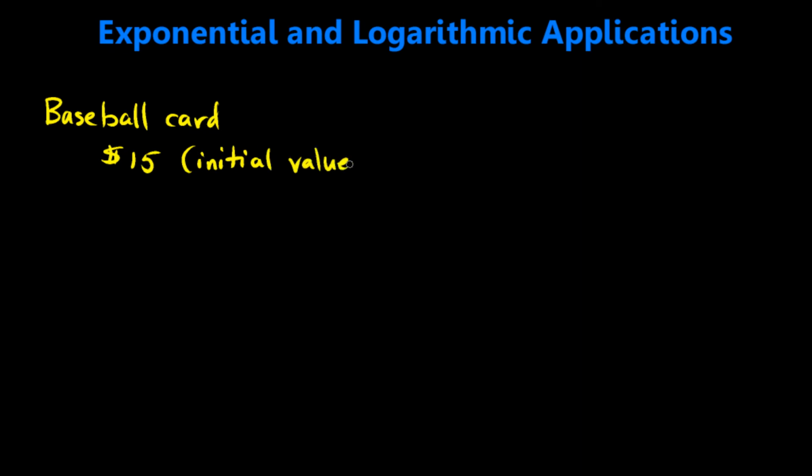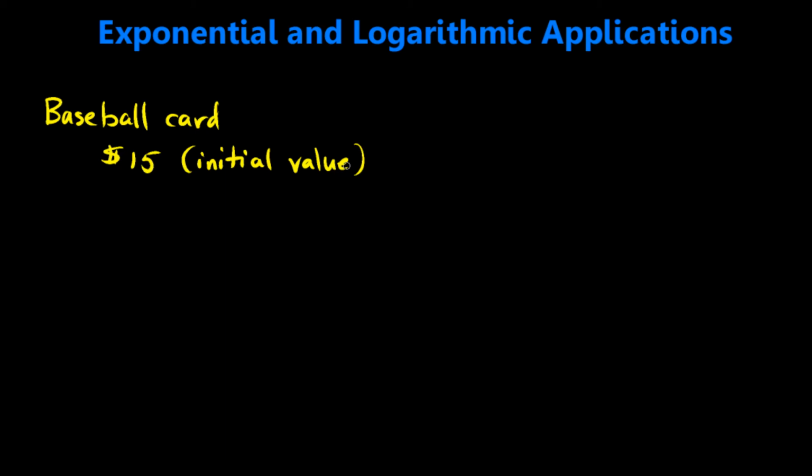For example, let's say if you have a baseball card that you buy for, let's say you bought it for $15. So that would be the initial value of the card.